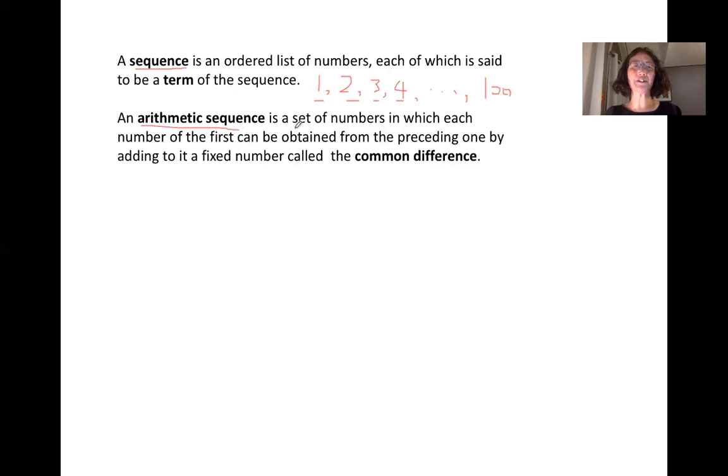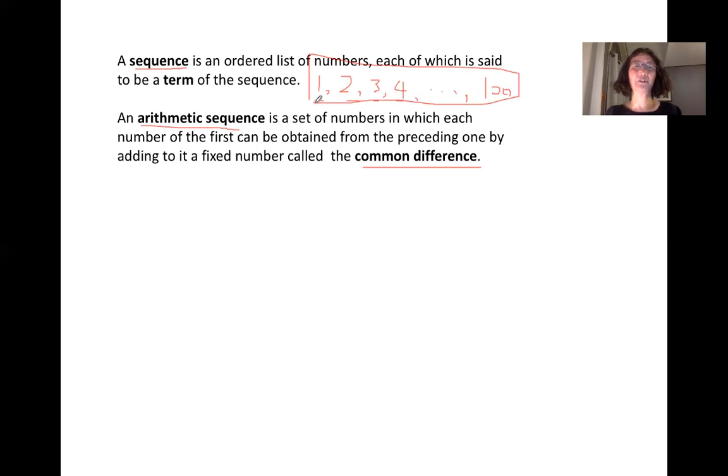An arithmetic sequence is a set of numbers in which each number after the first can be obtained from the preceding one by adding to it a fixed number that is called the common difference. Again, this sequence is an arithmetic sequence.